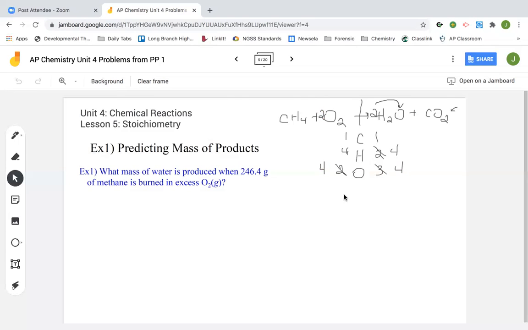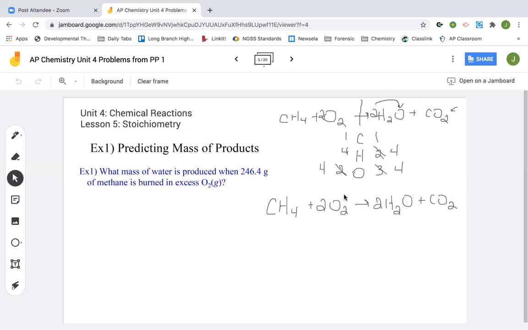So now we have a balanced chemical equation. So I'm just going to rewrite the equation so you can see it more clearly. So we have methane plus 2 oxygen. It's going to give us 2 water plus carbon dioxide.